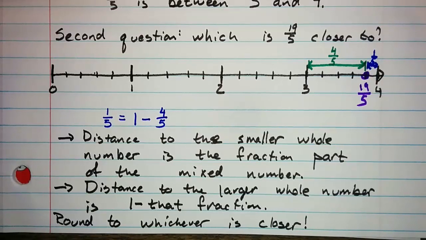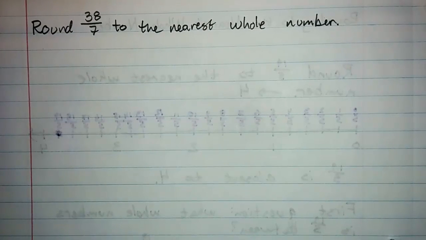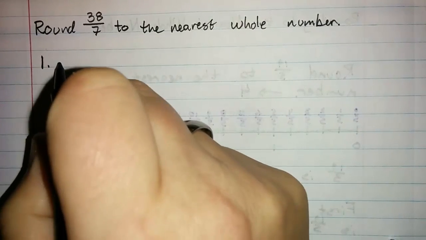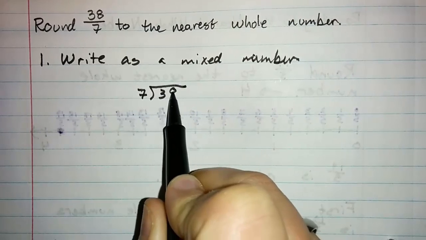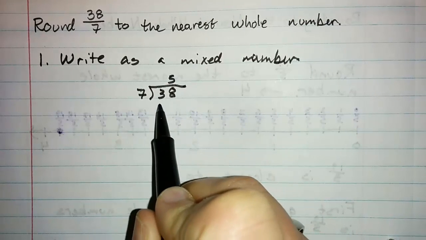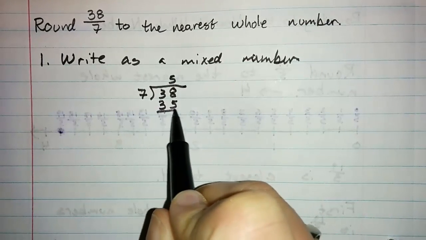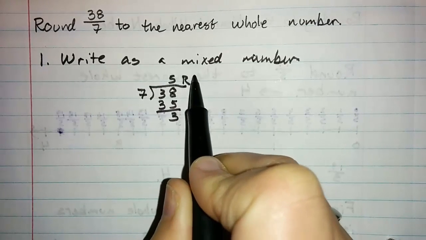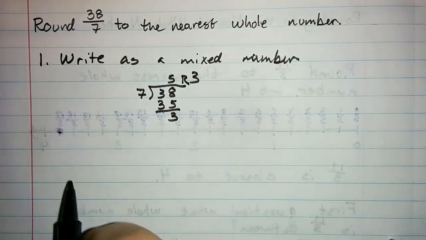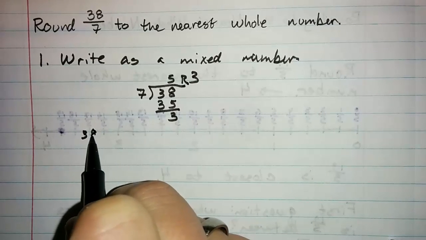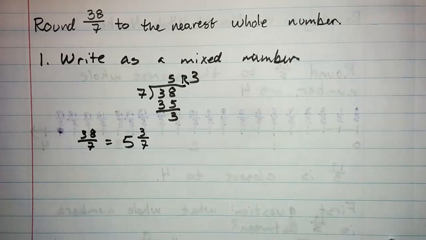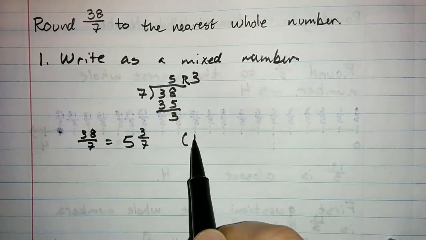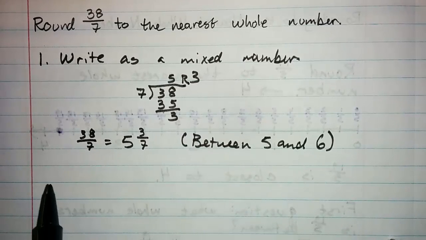So let's say we wanted to round 38/7 to the nearest whole number. Well, first we'll write it as a mixed number. 7 goes into 38 5 times, since 5 times 7 is 35, with 3 left over. So 38/7 is 5 and 3/7, which is between 5 and 6.